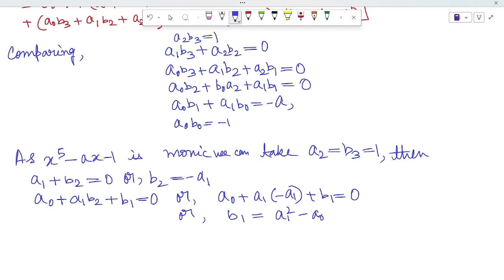B1 we have got. Now what is B0? My target was to get everything. B3 I have got, B2 I have got, B1 I have got, so B0 is remaining.